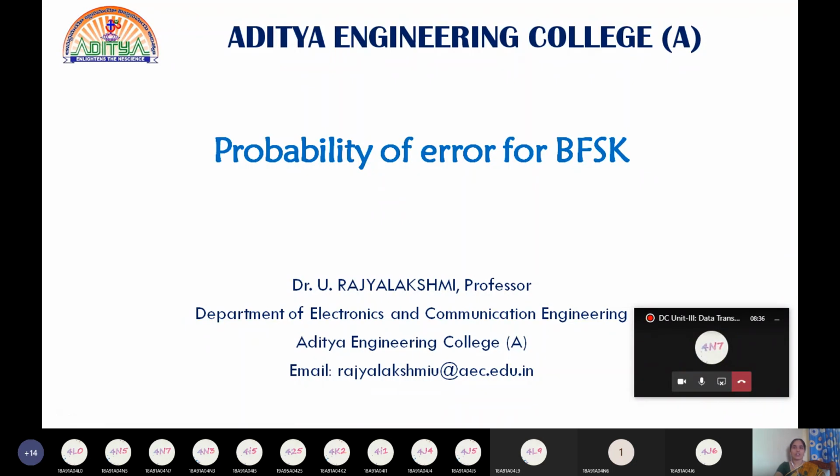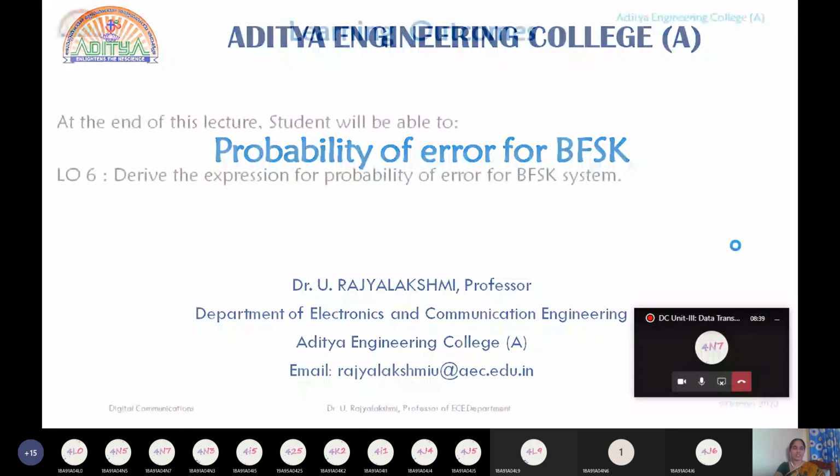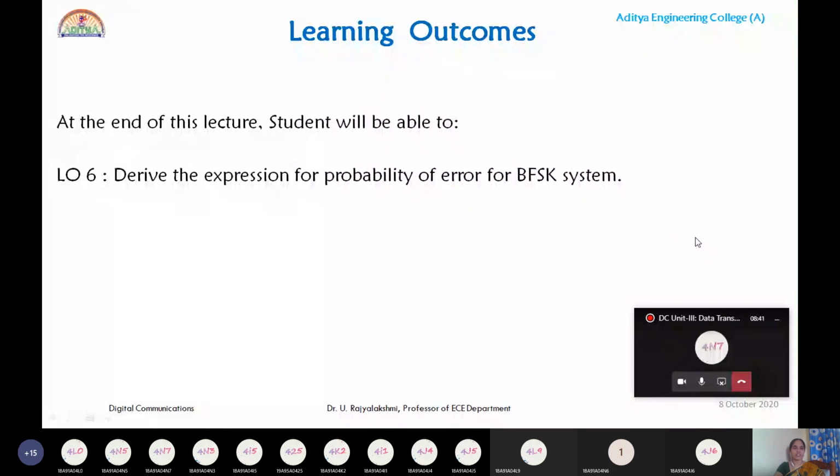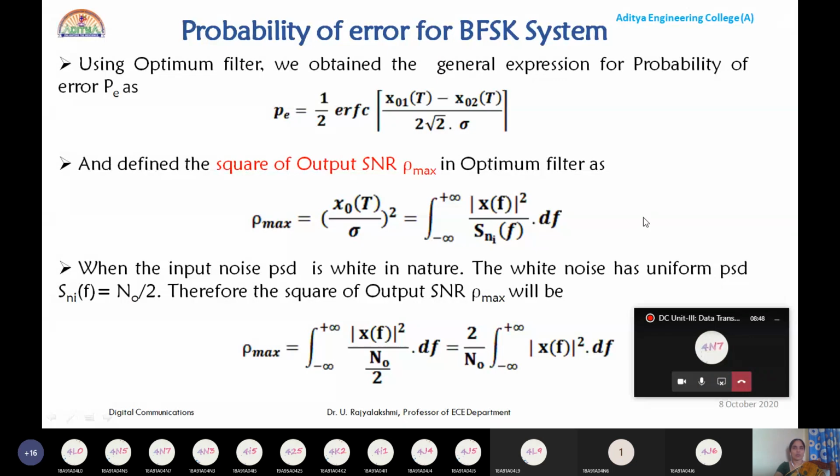We have followed almost the same procedure for matched filter, binary ASK, and binary PSK systems. In the same fashion, we can go through the probability of error calculation for binary FSK.